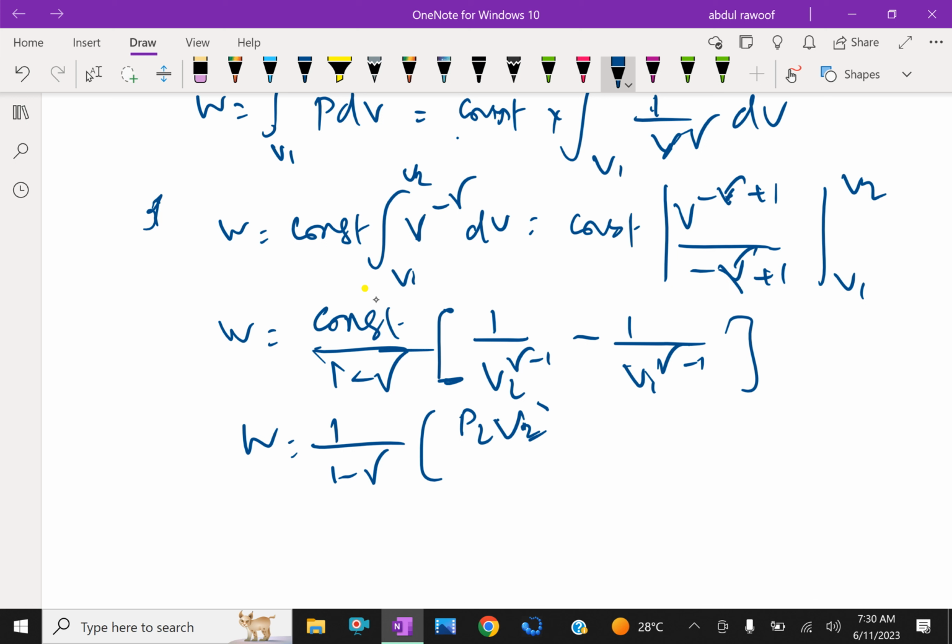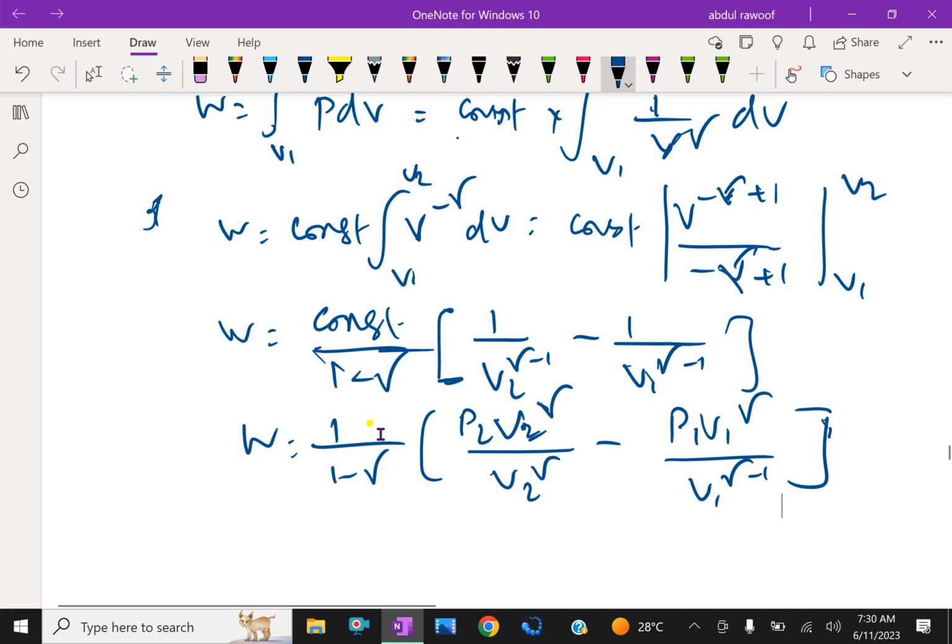The constant is P1 V1 to the power gamma, which is equal to P2 V2 to the power gamma. So over here we write V2 to the power gamma. Similarly, you can write P1 V1 to the power gamma over V1 to the power gamma minus 1.